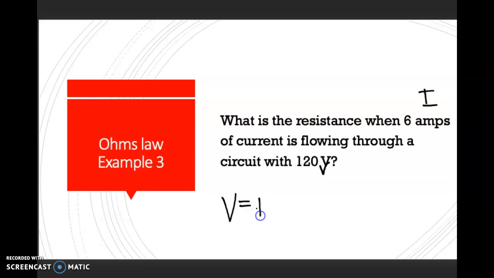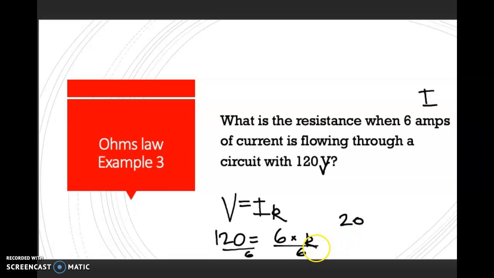V equals I R. So that's Ohm's law. In place of V, I'm going to put the 120. In place of I, I'm going to put the 6 amps, and I'm looking for the resistance. How do I get the R by itself? Divide both sides by 6. I can see 120 divided by 6 is going to be 20.